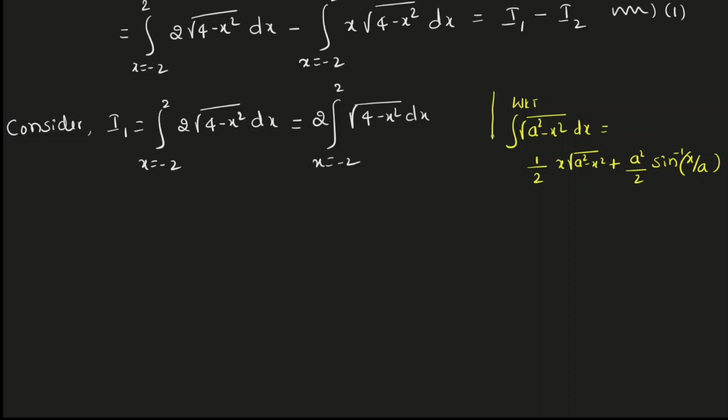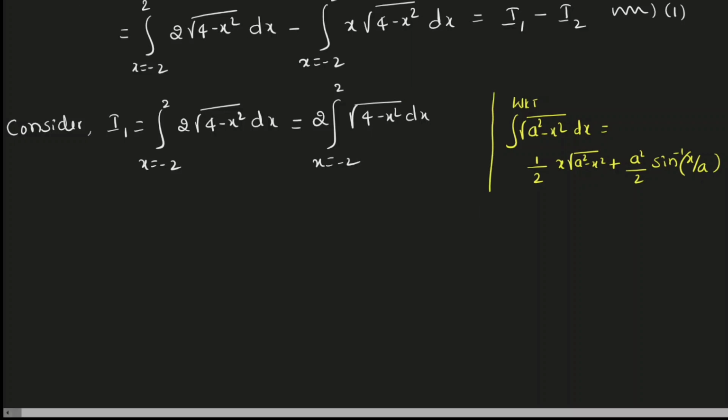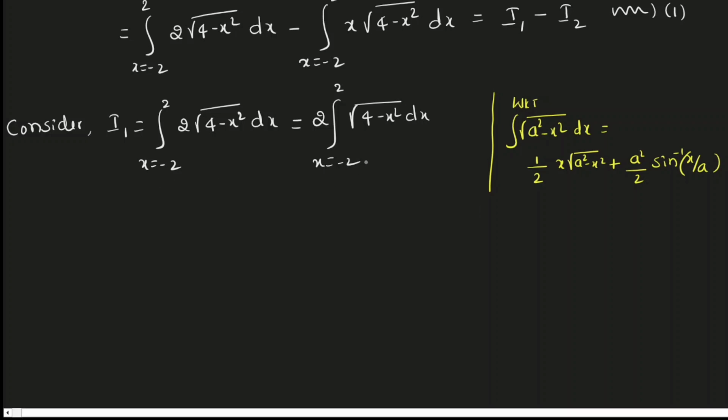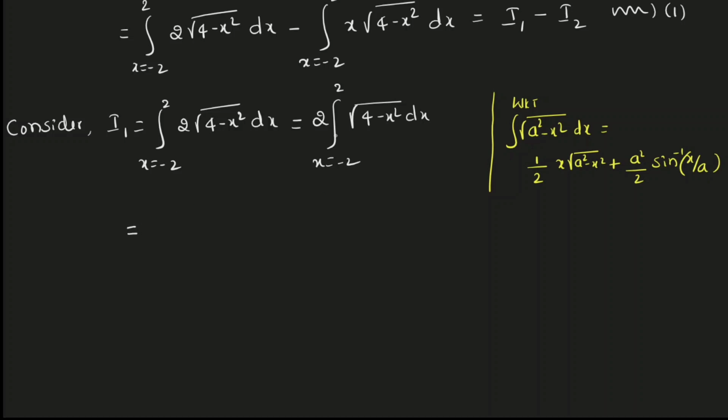So now we are going to use this formula to solve root 4 minus x square, which is in the form of a square minus x square. That means a is 2 here, the 2 square minus x square form. When you apply this formula to this integral, it becomes 1 by 2 x root 4 minus x square plus a square by 2, a square is 4, so 4 by 2 into sine inverse of x by a.